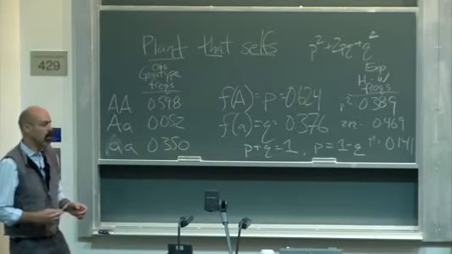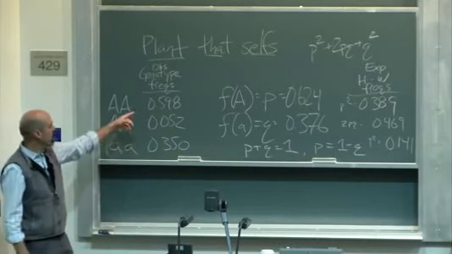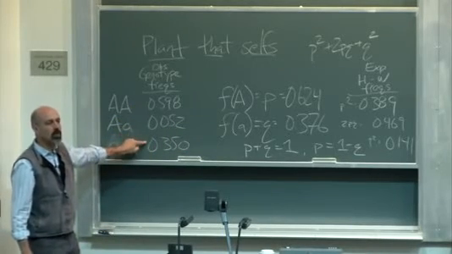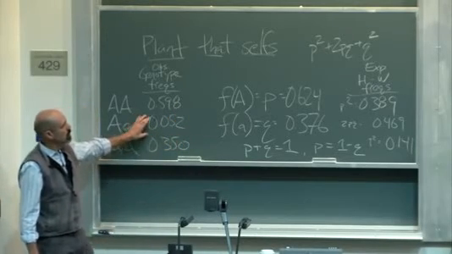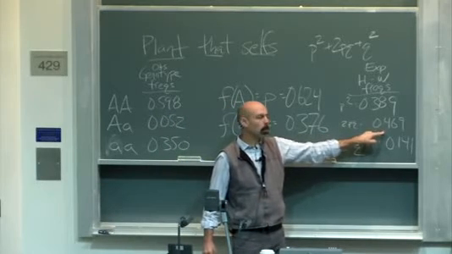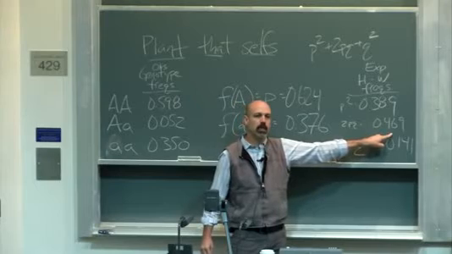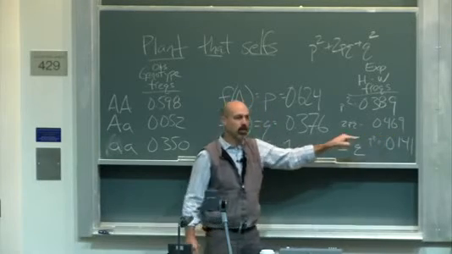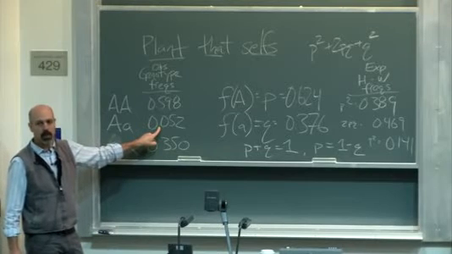Well, is it in Hardy-Weinberg equilibrium? Just eyeballing it, you can compare your actual genotype frequencies to your predicted frequencies. Well, predicted, you should have almost half the population as heterozygotes, 46%, 47% as heterozygotes, when in fact, you only have 5%.